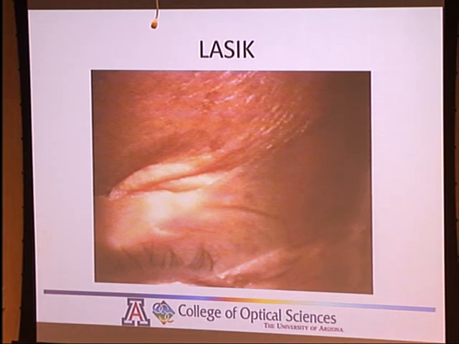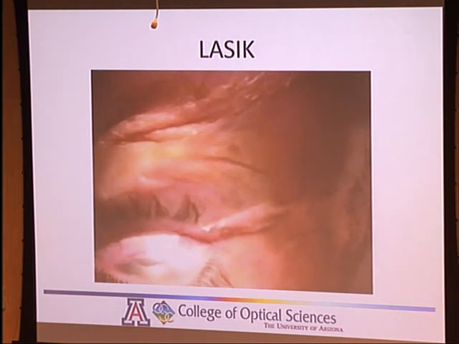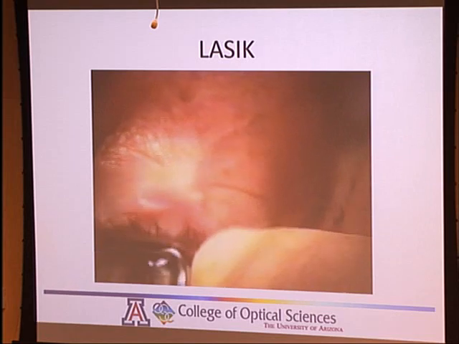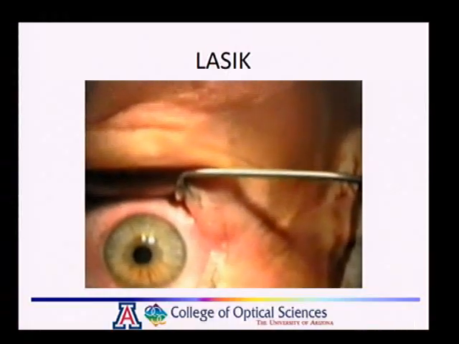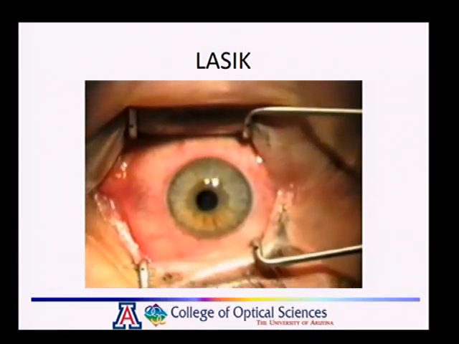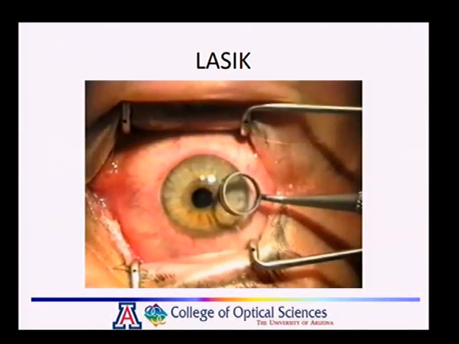And let me run this here. LASIK is meant to correct for refractive error, so nearsightedness, myopia, hyperopia, astigmatism. We put in a speculum here to keep the lids open.